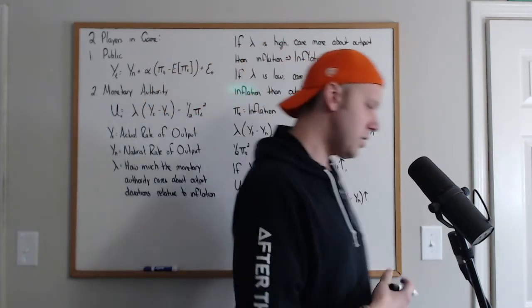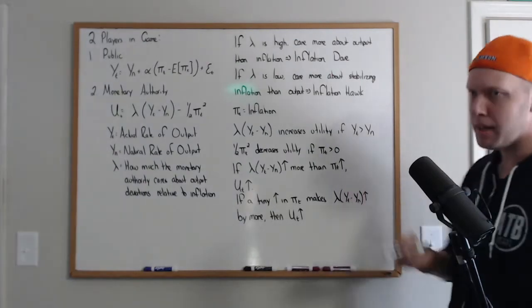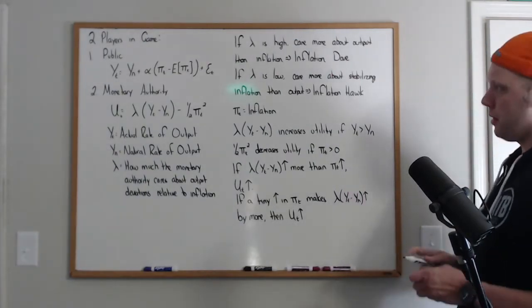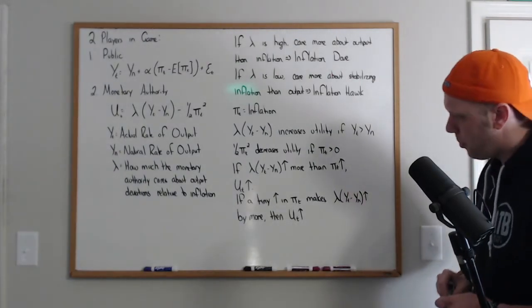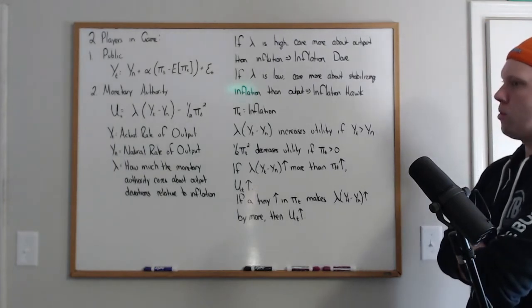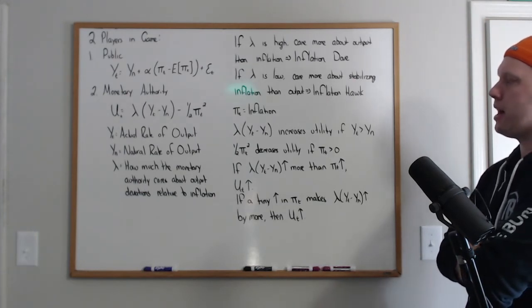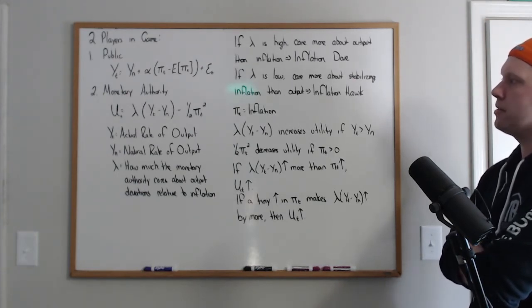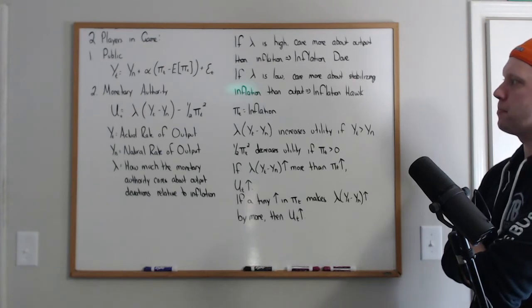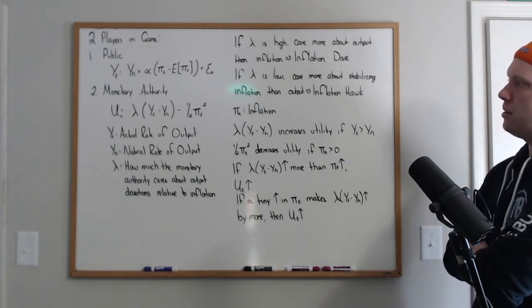All right, so as long as we just increase inflation just a little bit, but we can increase output by even more, then sure, it's kind of a cost-benefit analysis here. There's a trade-off between output and inflation. That trade-off is that if you want a little bit more output, you're going to have to deal with a little bit more inflation.